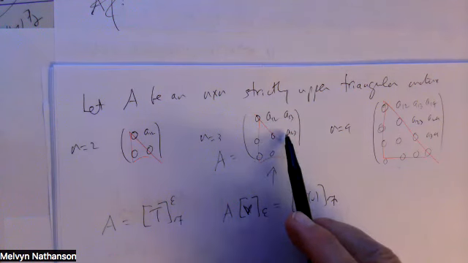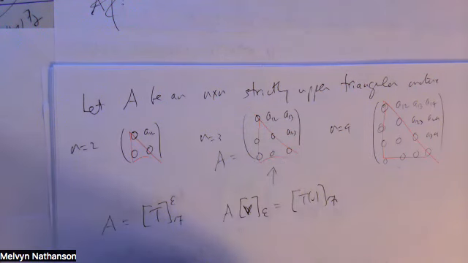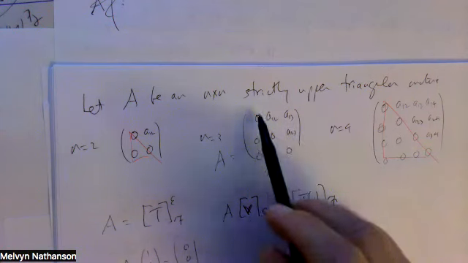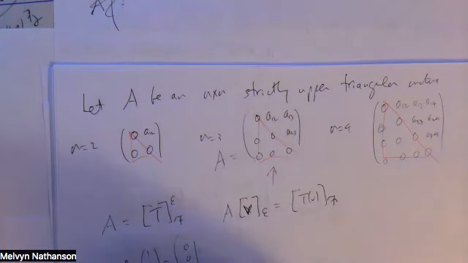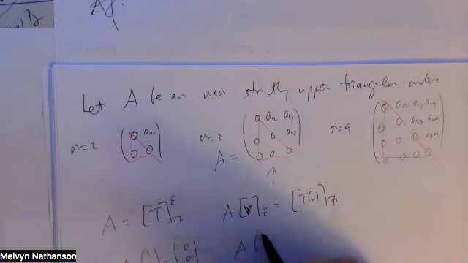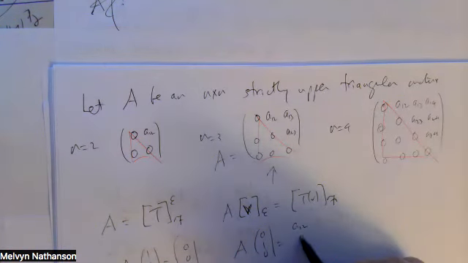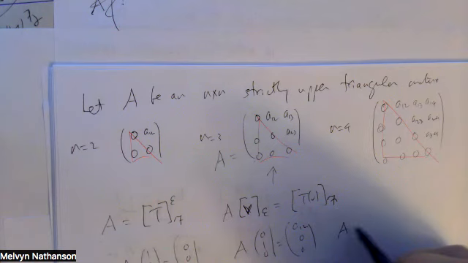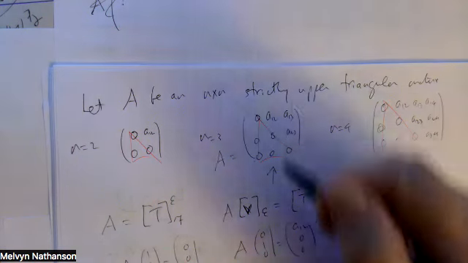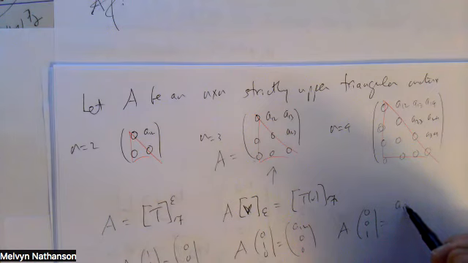So if you look at this matrix, A applied to the vector 1, 0, 0 is 0, 0, 0. The first column is the coordinates of the basis vector E1. A applied to 0, 1, 0 is a12, 0, 0. A applied to the third basis vector is the third column, a13, a23, 0.